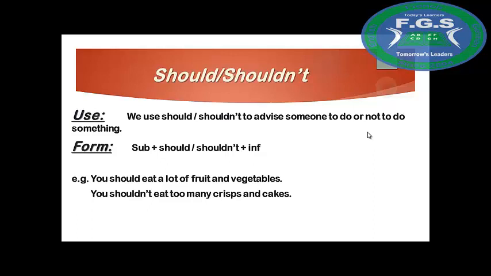When you want to advise someone to do something, you have to use should. So you should eat a lot of fruit and vegetables to be healthy. You should stop smoking. You should study your lessons. You should study hard to pass the exam.